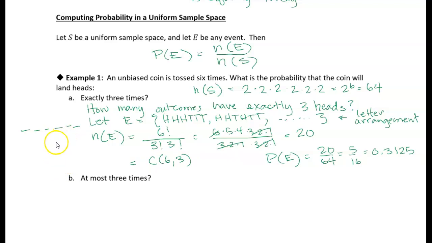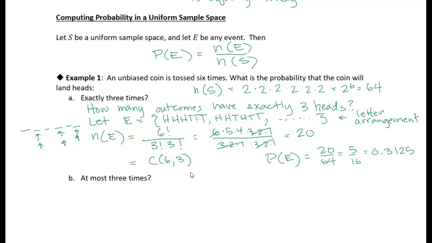It doesn't matter what order I choose those slots to fill. If I choose this one and then this one and then this one to fill with H's, it would be the same as if I had chosen this one and then this one and then this one. So it's interesting that it turns out to be the same thing. This is just a combination of 6 choose 3.